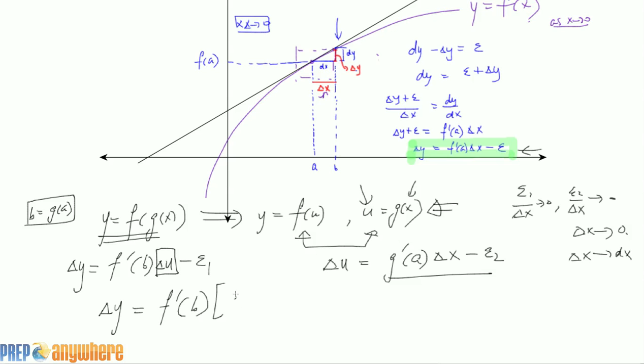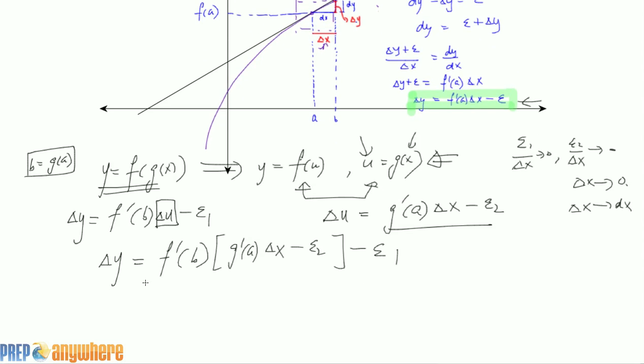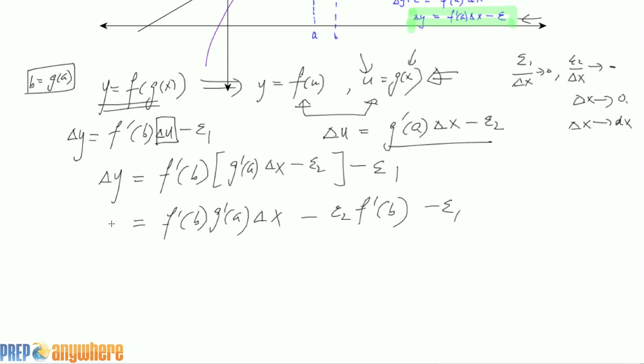So we get g prime at a, delta x, minus epsilon 2, minus epsilon 1. Distributing, f prime at b, g prime at a, delta x, minus epsilon 2, f prime at b, minus epsilon 1. Now what we ultimately want to find is delta y over delta x.